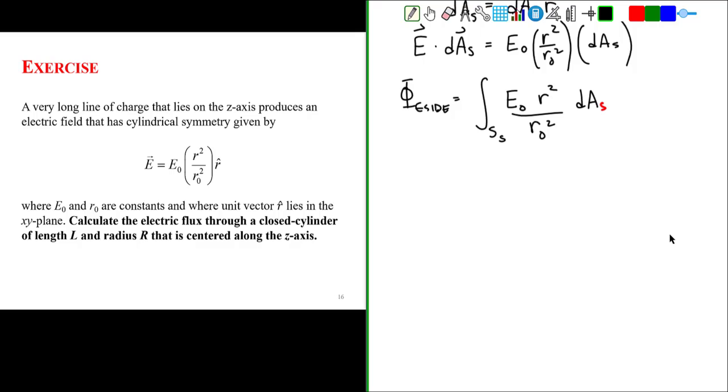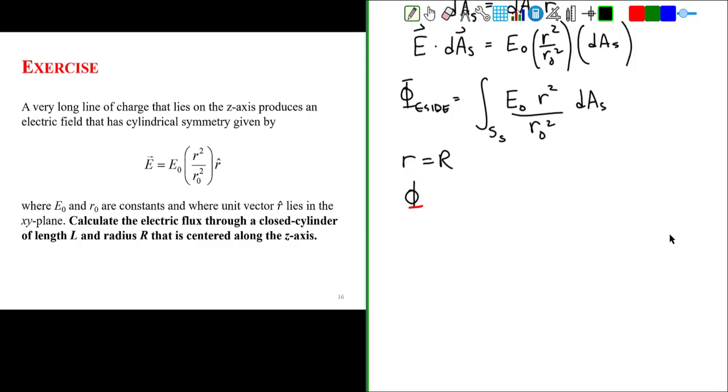Now, the electric field is to be evaluated at the surface of the cylinder. Here, the surface of the side is a distance capital R away from the z-axis.